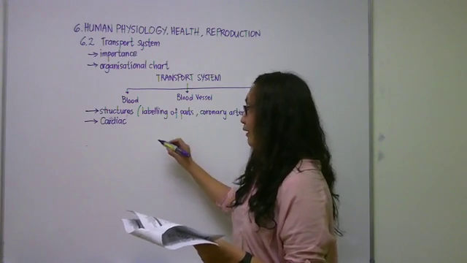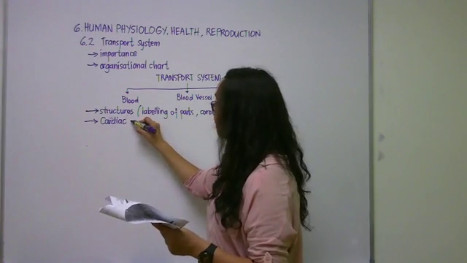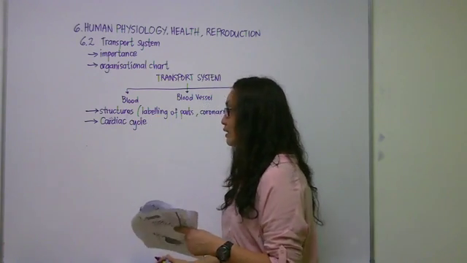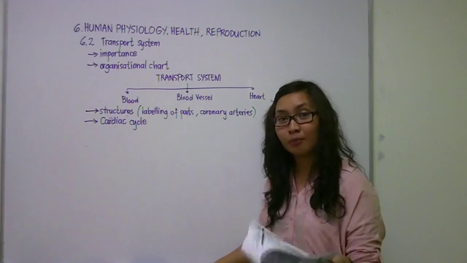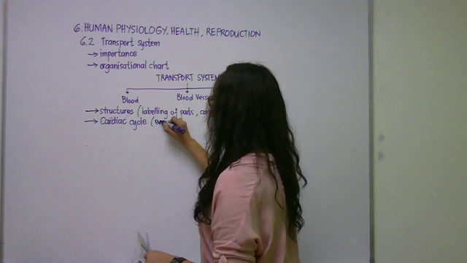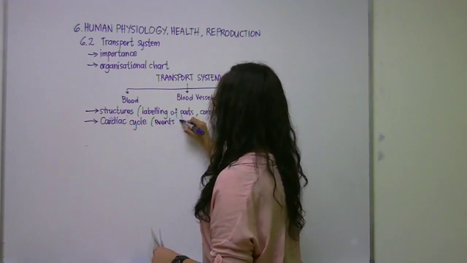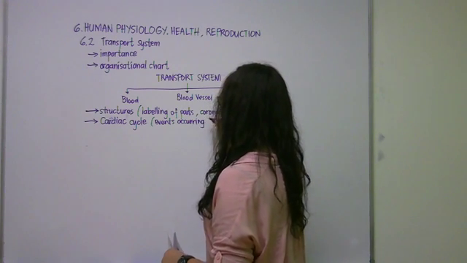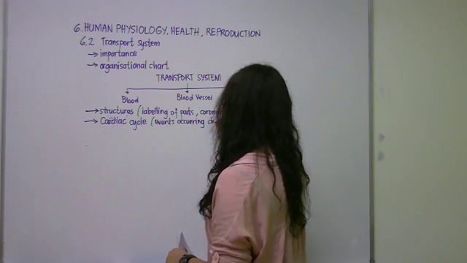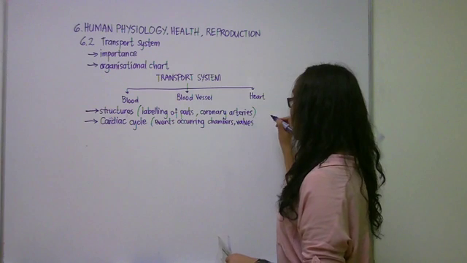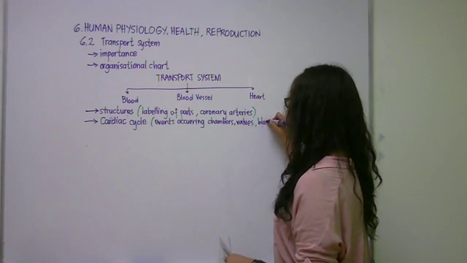In this area, we have to indicate specifically what is happening to each chamber and what will happen to the blood. Indicate the events occurring in the chambers, in the valves present in the heart, and what will happen, of course, to the blood.